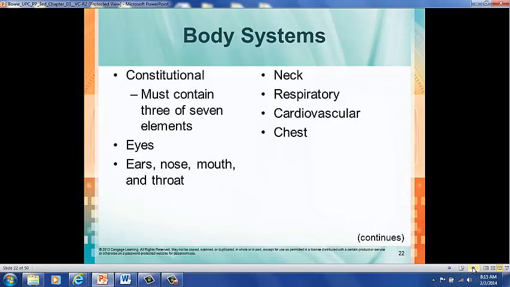Table 3.6 in your work text outlines the elements of an exam or bullets that have to be met to justify a given level of exam in a multi-system exam. The documentation must reflect what your provider actually did so that you can build the most accurate level of service determination possible for the visit.